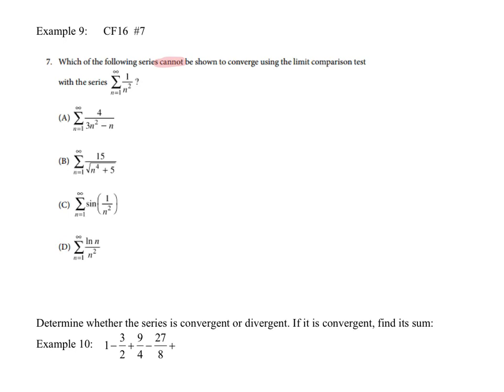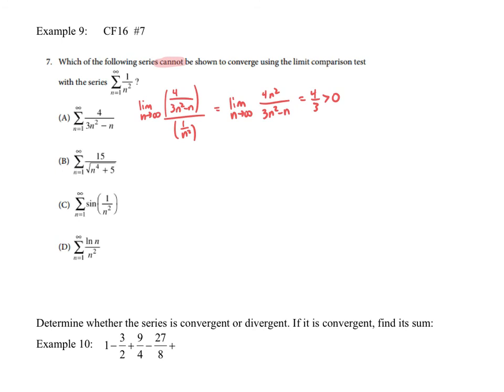So for example, with the first problem, we have 4 over 3n squared minus n divided by 1 over n squared. That's going to give us the limit as n goes to infinity of 4n squared over 3n squared minus n. That's 4/3. That's, of course, greater than 0.